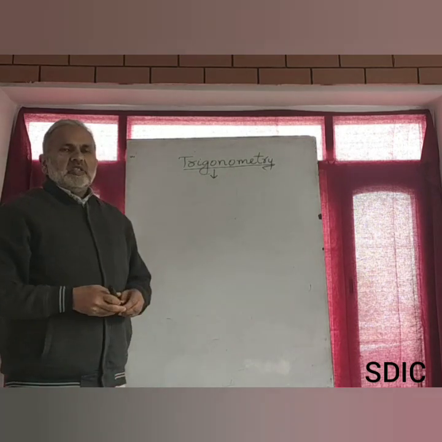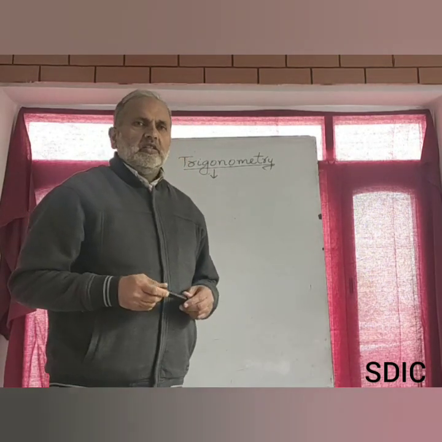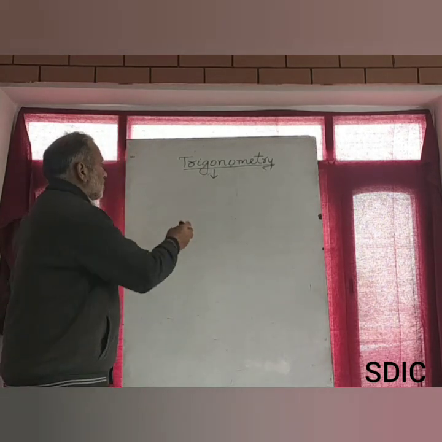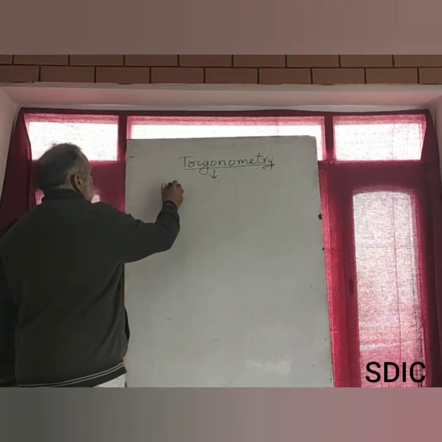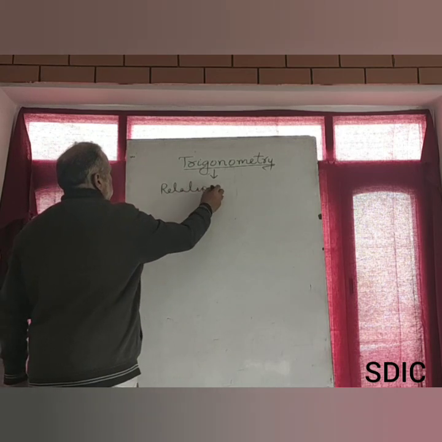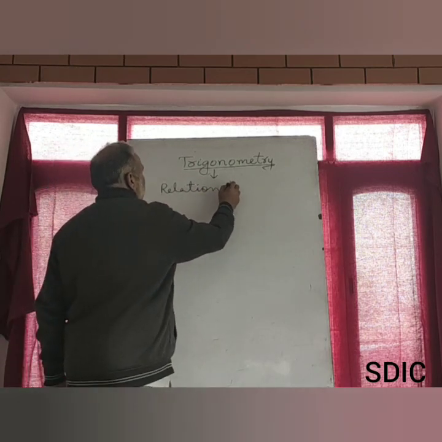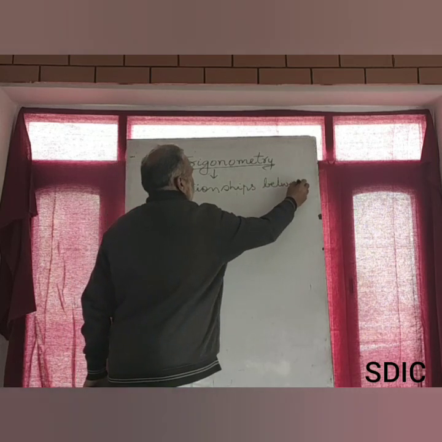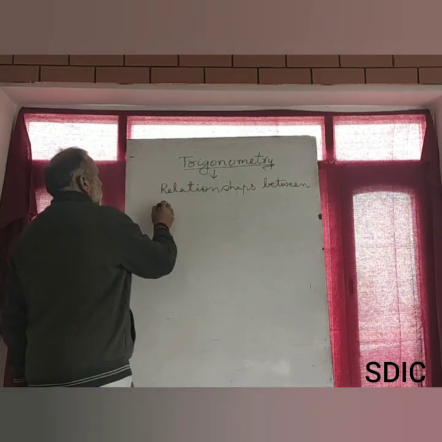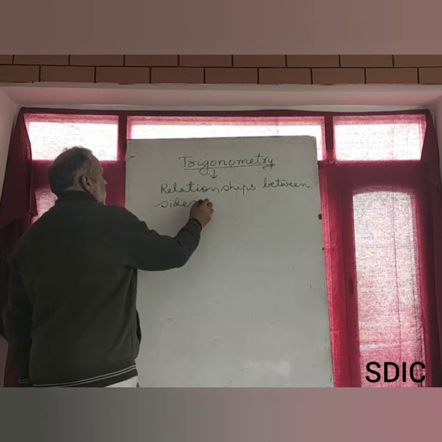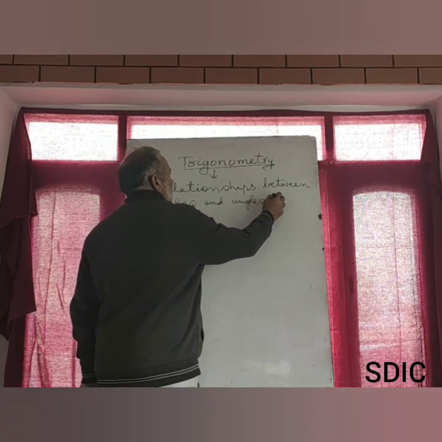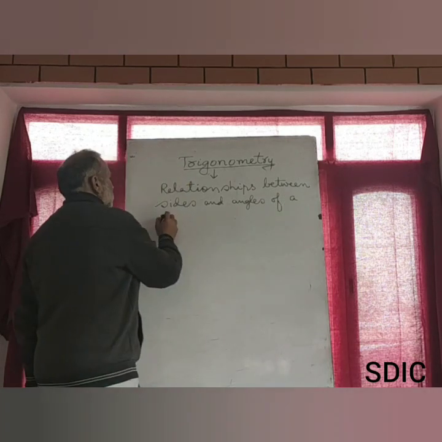Trigonometry is defined as the branch of mathematics which deals with relationships between sides and angles of a triangle.